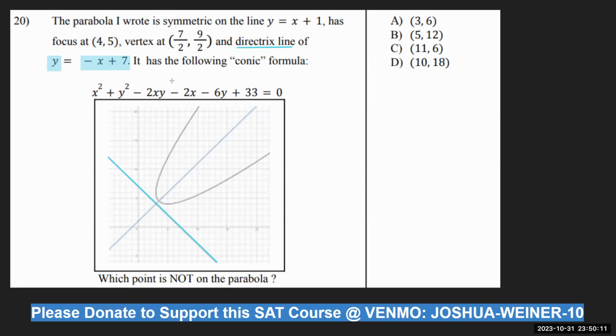All right. The parabola is symmetric to the line y equals x plus 1. I'm going to highlight that in red. That's the line of axis of symmetry. So that means it's tilted at exactly 45 degrees, because the slope of that line is 1. So this is y equals x plus 1.